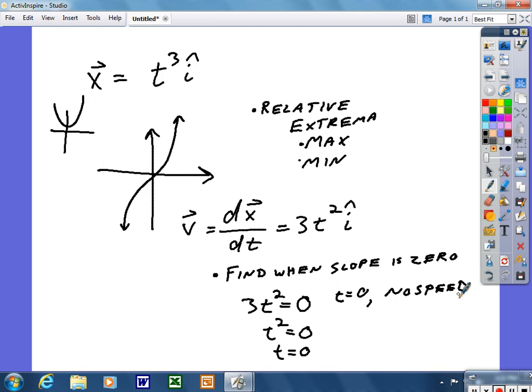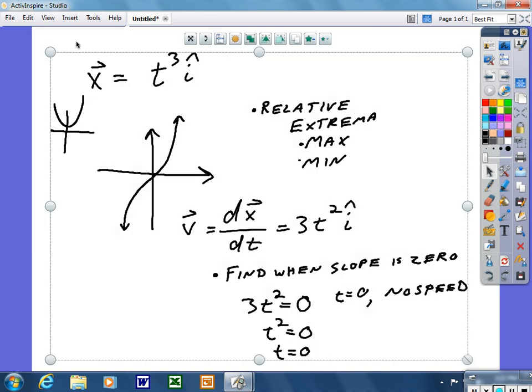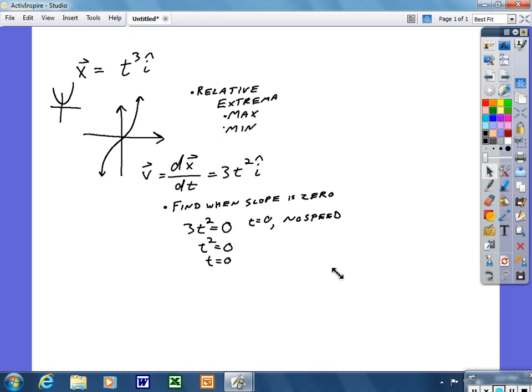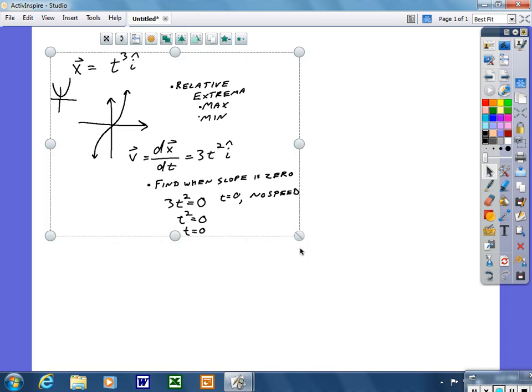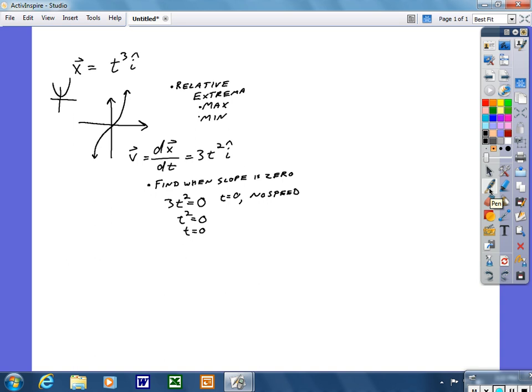Now, once we have that value, we can start looking at what's before and what's after it. By identifying that point, we can pretty much identify what the rest of the graph is going to look like. So, what I'm going to do now is find test points.